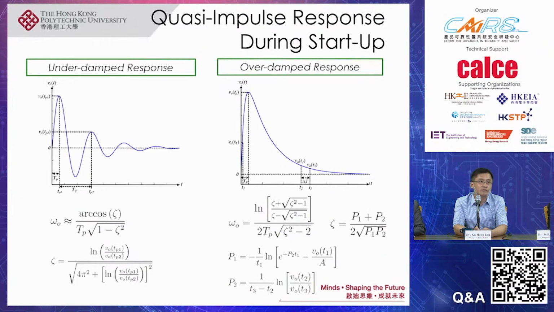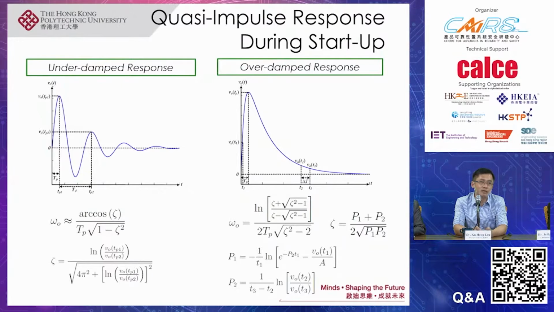So here's what we did. We apply a short pulse to the filter of the buck converter, and then we measure the output voltage. Two cases are possible, but most likely the underdamped response is more common, considering that the parasitic resistance of the filter will be very small. So we typically encounter an underdamped response here.